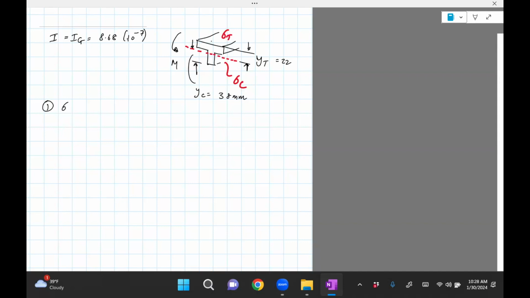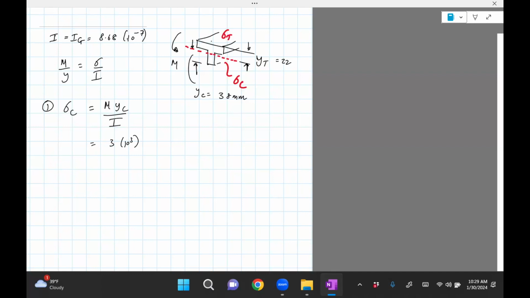If you want to compute sigma C, the formula is sigma over Y equals M over I. So we can write sigma C is M YC divided by I. M is given to us, it's 3 kilonewton meter.